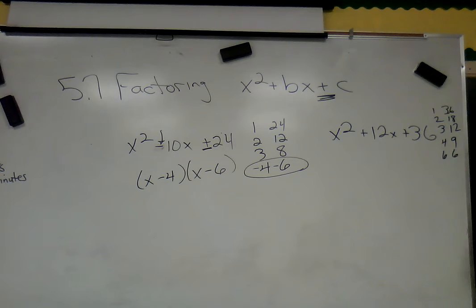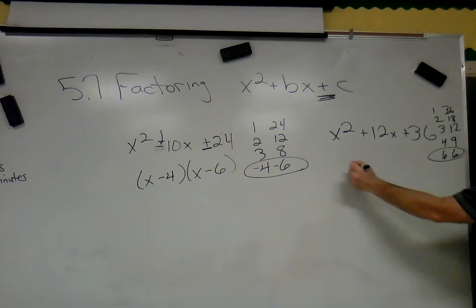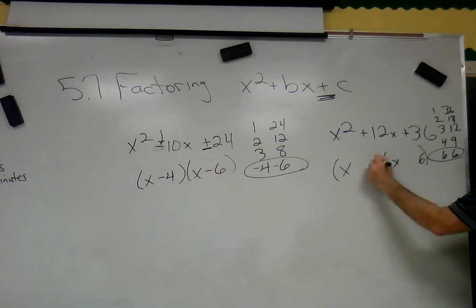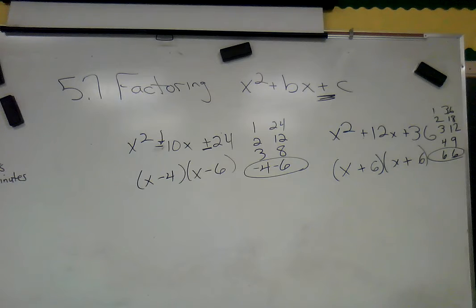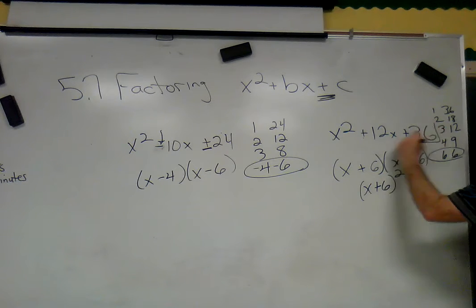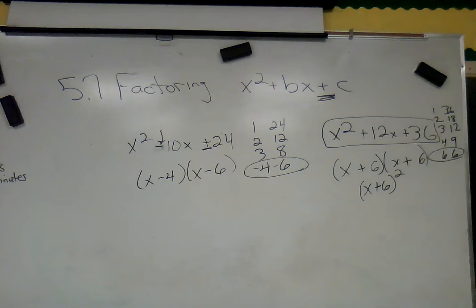As I actually pointed out, this is one she was able to see, so it's going to be 6 and 6. Are they plus 6 or minus 6? Plus. But this is where we were working the other day, so they're the same. So what could we then write it as? That's x plus 6 squared. So this one was a perfect square trinomial, but let's say you don't remember that. Could we still factor it? Yeah, it's almost easier to do it this way.